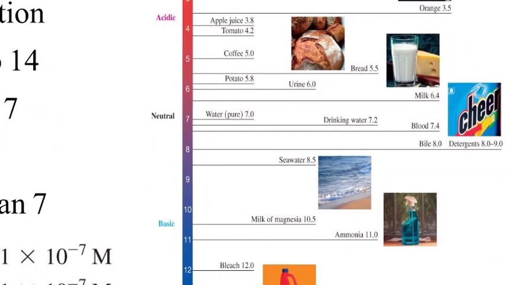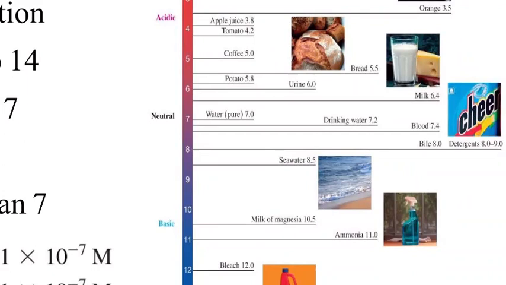On average, it's 7.4, and that is a very important number, because the pH of our blood needs to be 7.4 in order for the biochemical reactions that happen in our body to occur normally. If the pH of the blood is not 7.4, you can get sick.